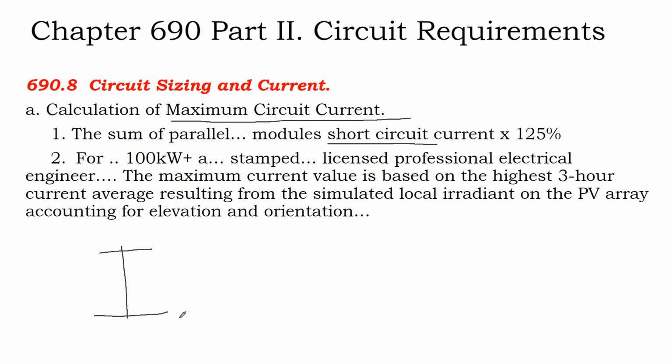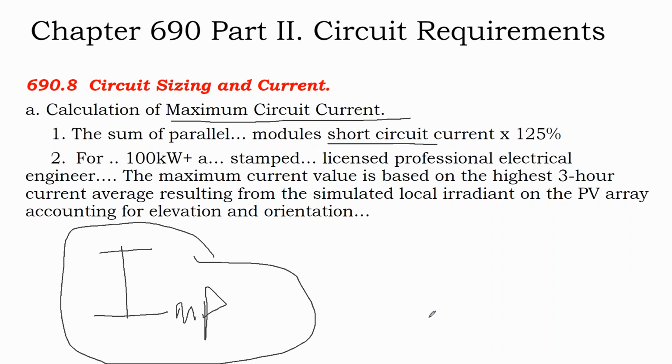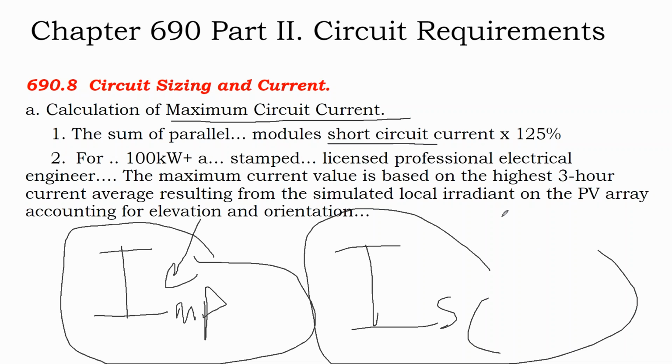So there's a maximum power point amperage, and that's basically the operating amperage when the system is swimming along efficiently at full power. There's also the amperage you would get if you took all of that power and went and touched a piece of metal with a power cable and shorted yourself out to ground. How much power would be shorting to ground from the circuit of solar panels at that time? That's the short circuit current.